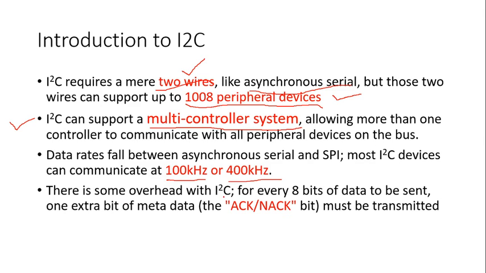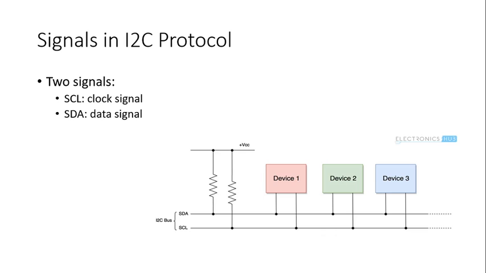There is some overhead with I2C. For example, for every 8 bits of data to be sent, one extra bit of metadata, that is acknowledge or negative acknowledgement, must be transmitted. So that is a little overhead in I2C protocol, but it is less as compared to UART.